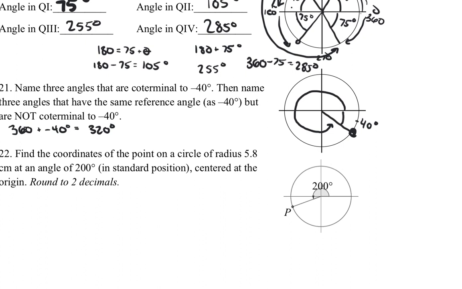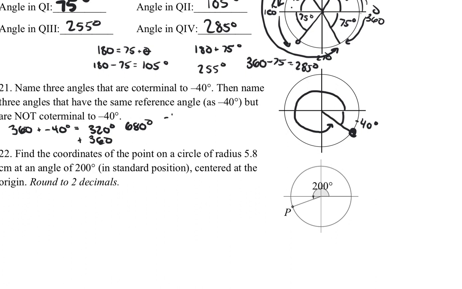And in order to find more angles, we can just simply add 360. So that would be equal to 680 degrees. Or we can subtract 360.